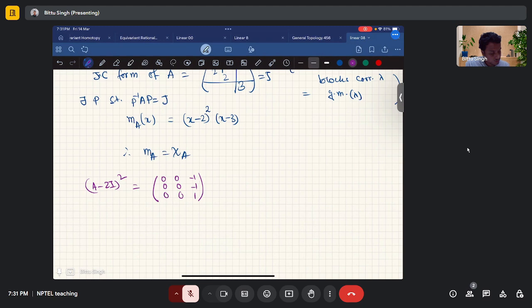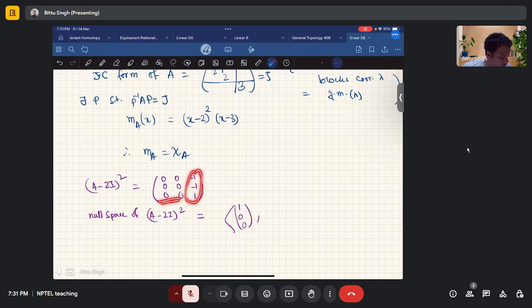Therefore the null space of A minus 2I whole squared is generated by these vectors, starting with 1 0 0. Just solve it. Those are the pivot rows, and those are the free columns.